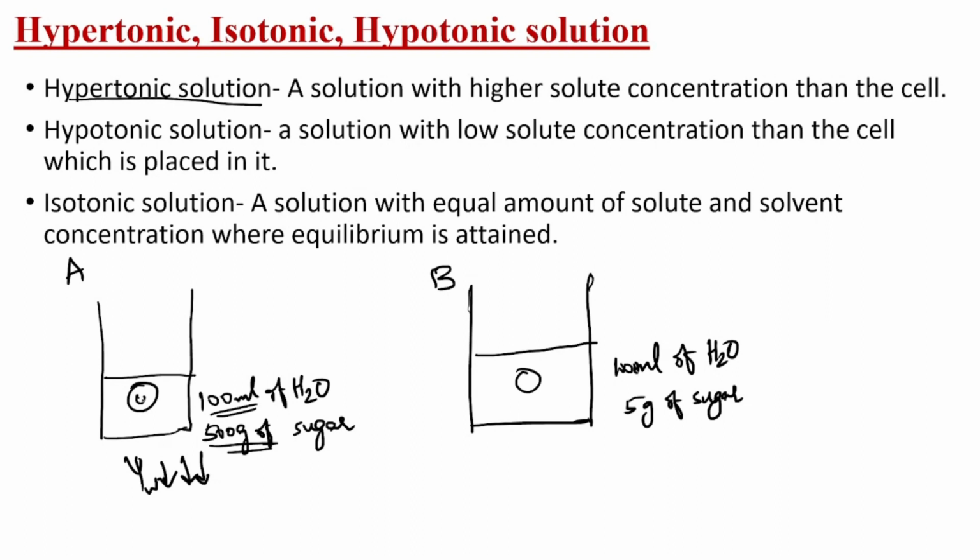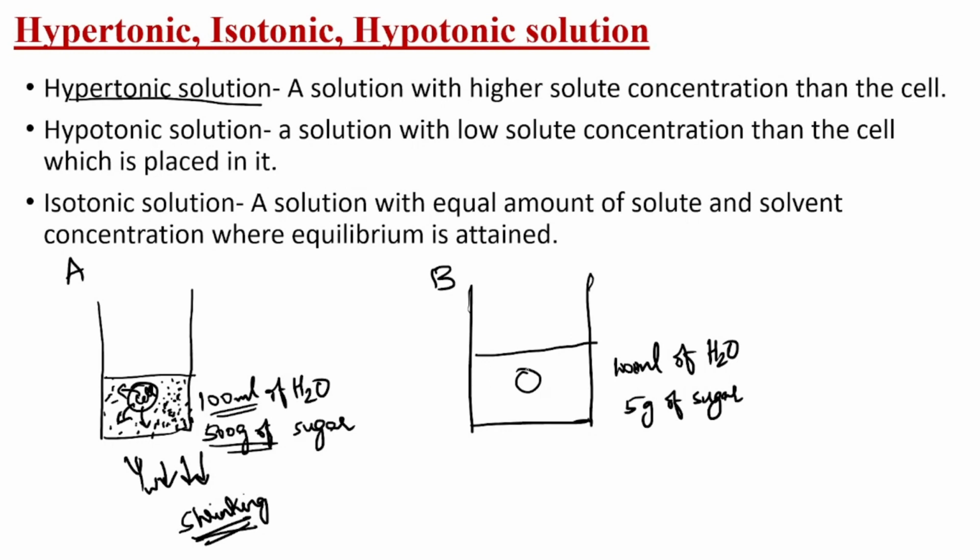Water which is present inside the cell starts moving outside. As a result, the cell starts shrinking. This is what we observe when a cell is placed in a solution having higher concentration than itself. So here the cell is placed in a solution which has more solute particles in it than itself. So water potential of the cell is more compared to the water potential of the beaker. As a result, the water is moving out of the cell into the beaker and the cell can shrink.